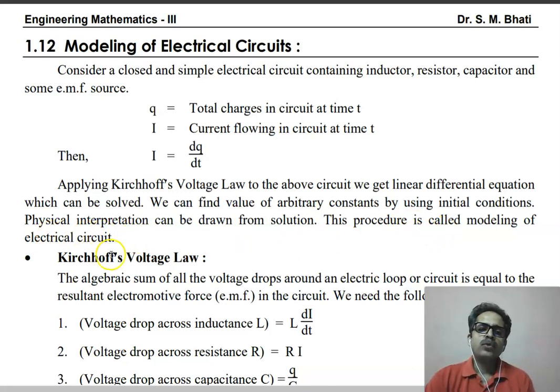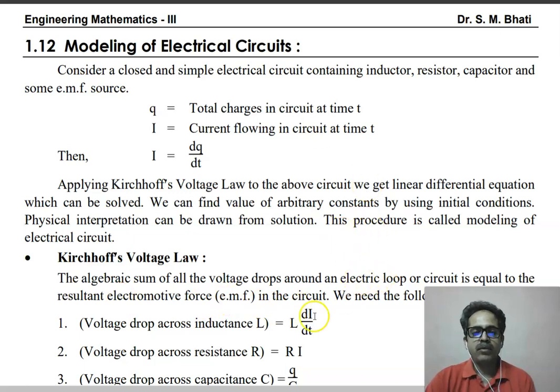So, you should know Kirchhoff's voltage law. The working law is as below. The algebraic sum of all voltage drops across an electric loop or circuit is equal to resultant electromotive force, that is EMF, in the circuit.